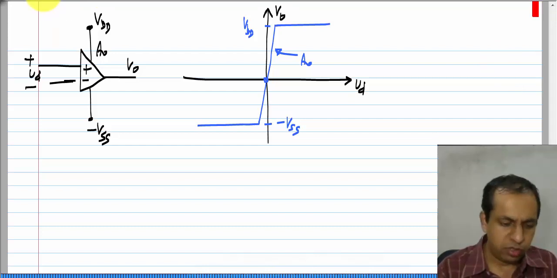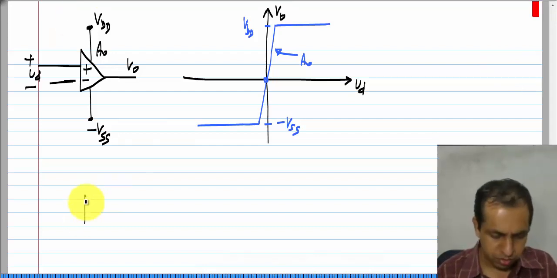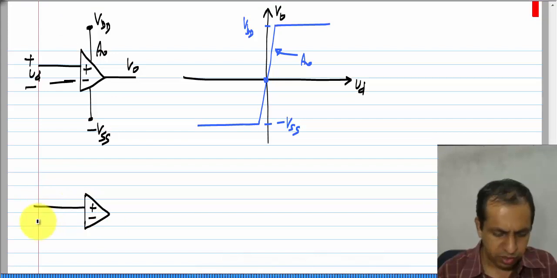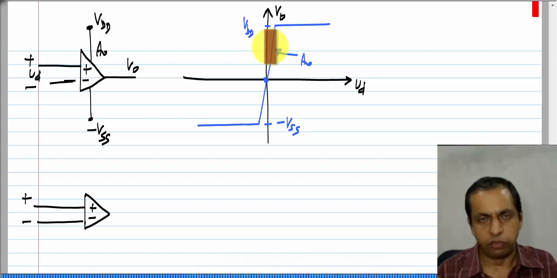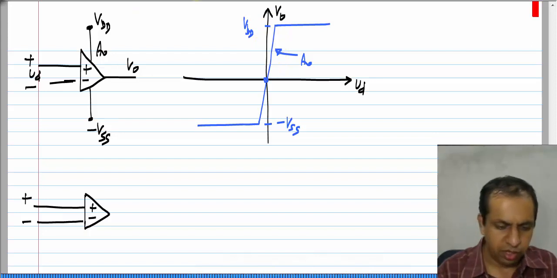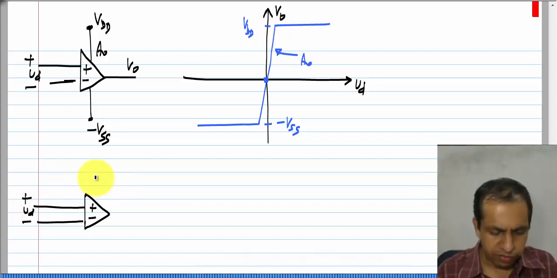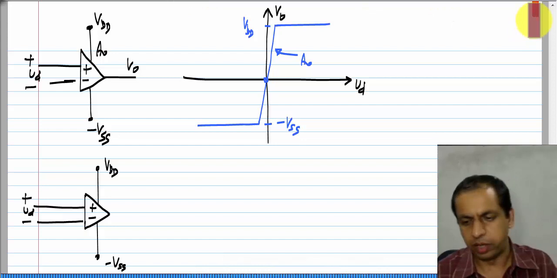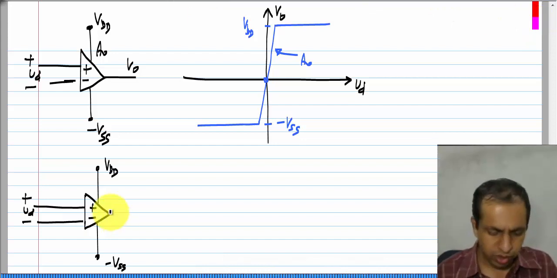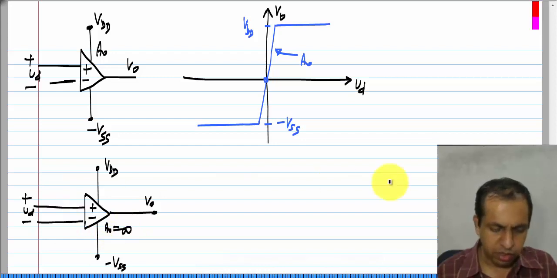Now, if we are talking about an ideal op amp, there are many cases in which we consider the slope here, the gain of the op amp, to be infinite, but still we want to judge the effect of having power supplies which are not infinitely large. Okay. So, I will show it like this with A naught equals infinity. Okay.